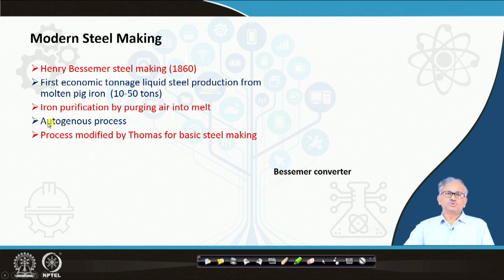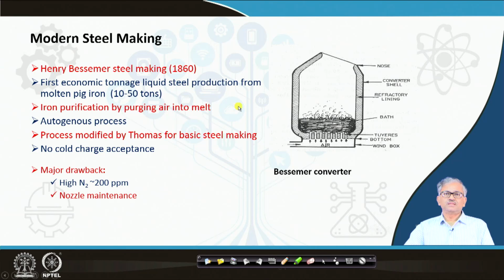Okay, so it was autogenous that way, and then the process was modified by Thomas for basic steelmaking, and no cold charge acceptance, as I said. This is what the furnace looks like. It is very much like the modern basic oxygen furnace. The only thing is that here the oxygen, in the form of air, was introduced from the bottom of the furnace.